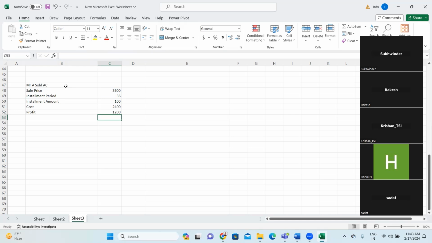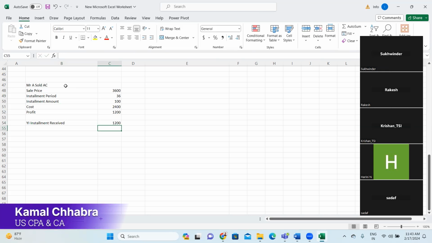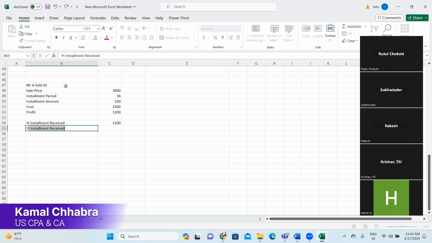So this installment period was of 3 years. So in year one, Y1, installment received is how much? 1200, right? And how much profit needs to be recognized? First, you need to identify the GP ratio.